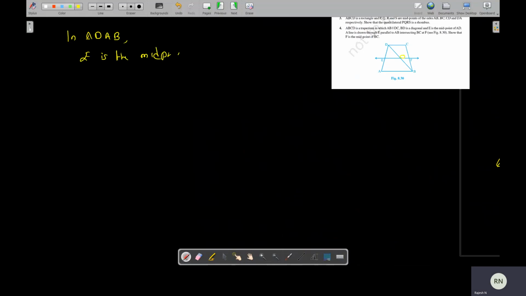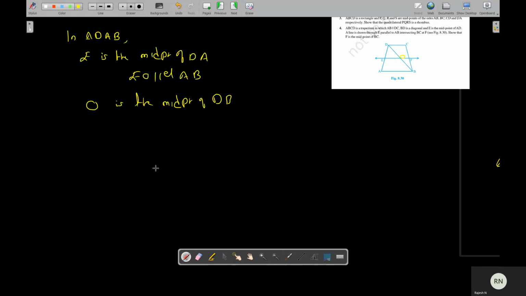E is the midpoint of DA. Take this as O. So in triangle DAB, E is the midpoint of DA and EO parallel AB. Therefore, what you can say, O is the midpoint of DB.